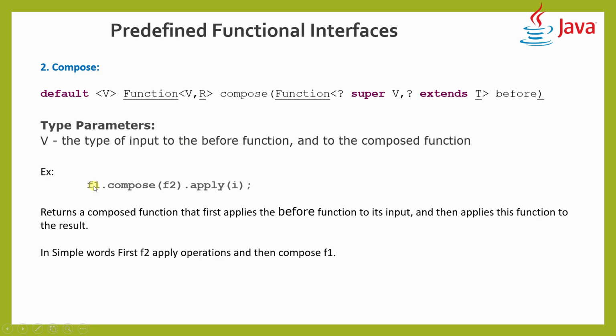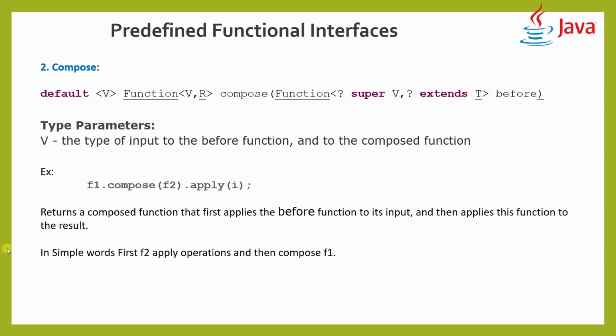This is the only difference between compose and andThen. Sometimes our requirement is to apply f2 first, and in that case we can use compose. If our requirement is to apply function 1 first, then we go to andThen. Okay, this is the syntax and explanation.